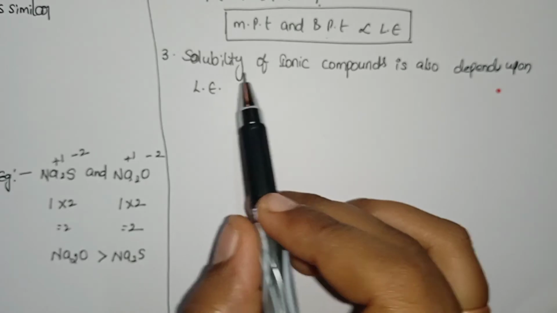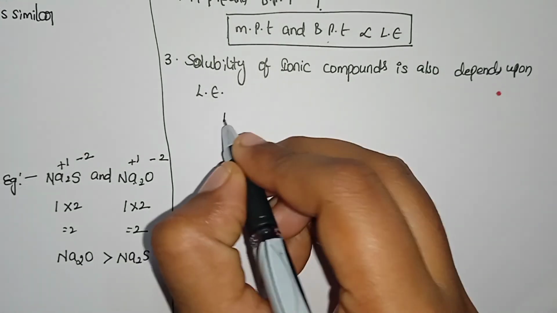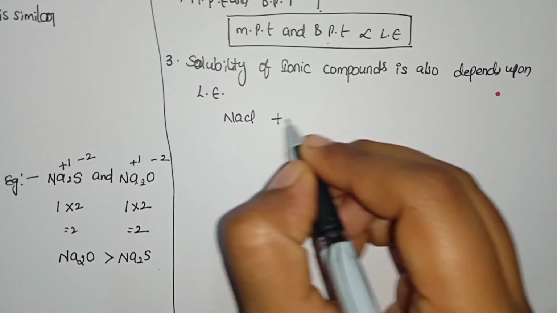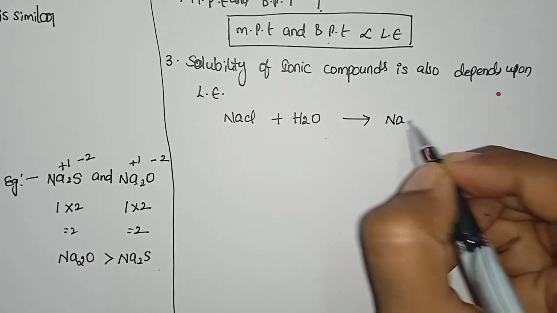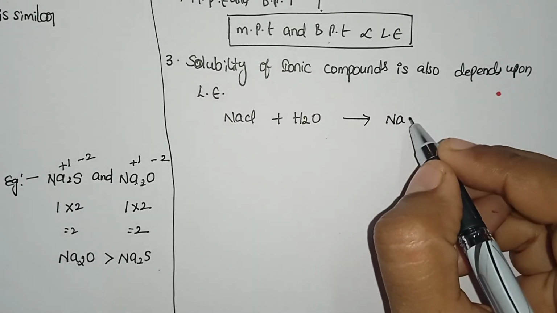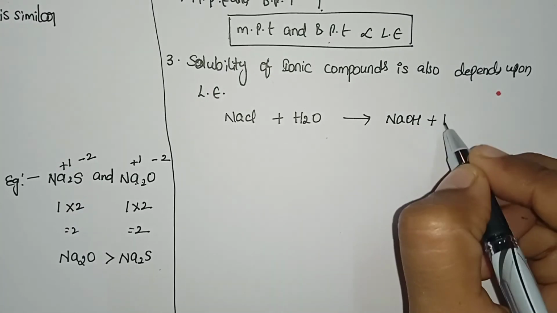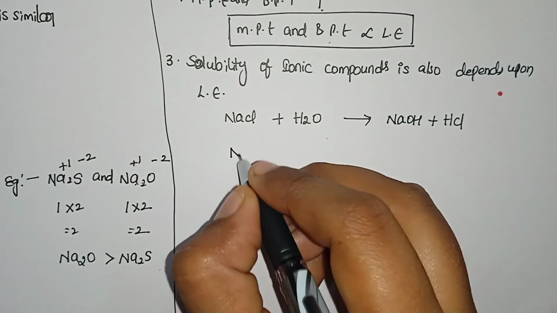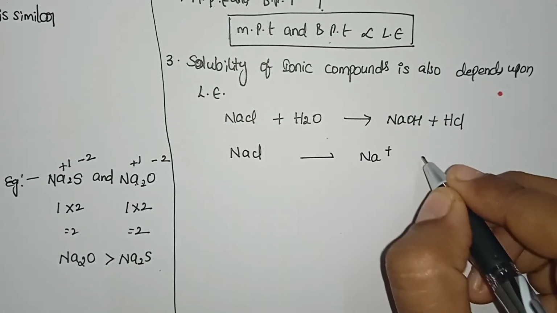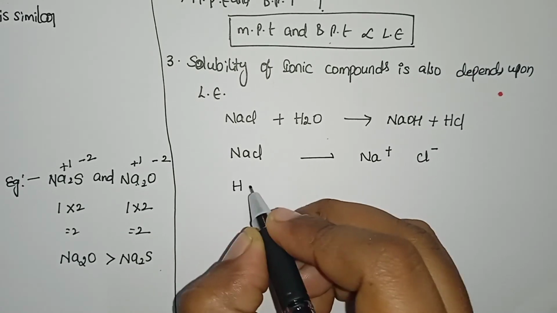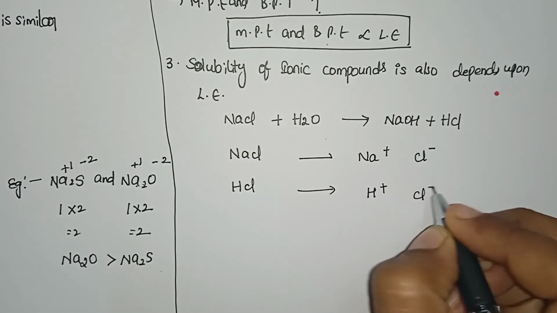Next, solubility of an ionic compound also depends upon lattice energy. So NaCl plus H2O gives NaOH plus HCl: Na plus Cl minus, H plus Cl minus.